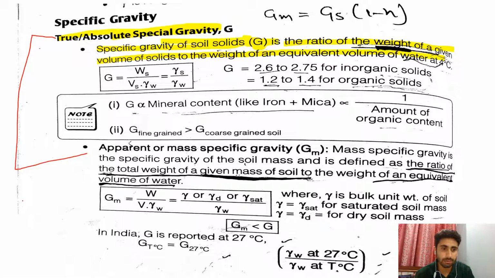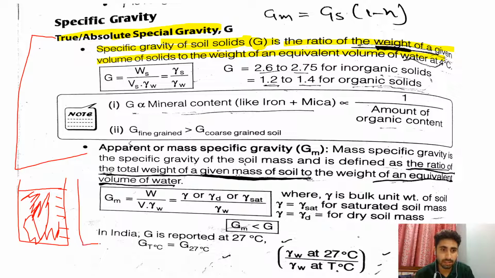What it wants to say is that if you take a beaker showing indication of volume and you fill it with the soil solids only up to some particular volume, then you again take the same type of beaker showing a volume reading and fill this with some water.